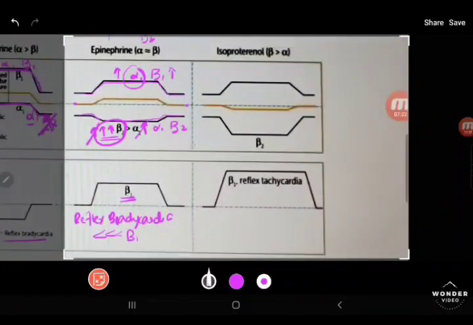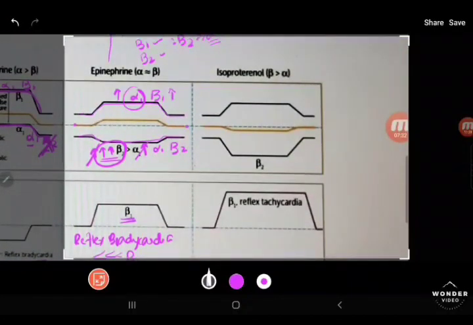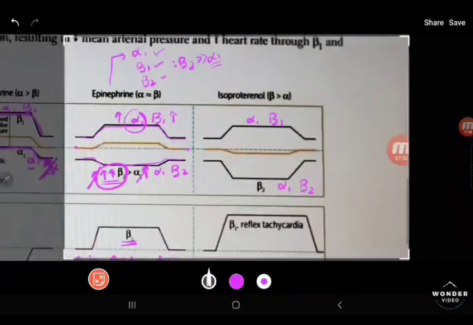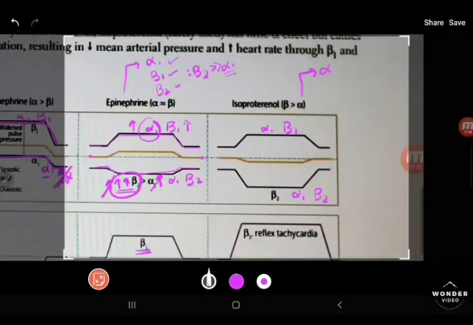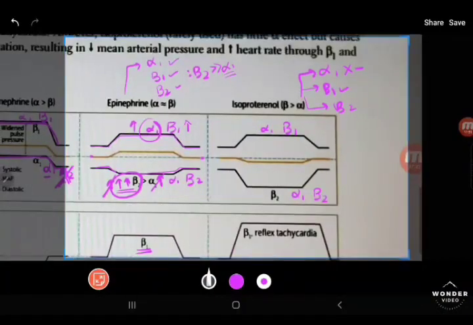Good. Let's move forward with isoproterenol. Alpha 1, beta 1, alpha 1, beta 2. We said that isoproterenol has almost little to no activity on alpha 1, has an effect on beta 1 and has an effect on beta 2. No effect on alpha 1, but it still has an effect on beta 1, so we will see this increase in systolic blood pressure.